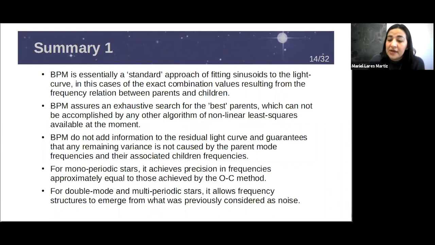But what is obvious is that we cannot identify a combination frequency as a nonlinear effect just by their frequency relation. So luckily, we have two other relations to explore.